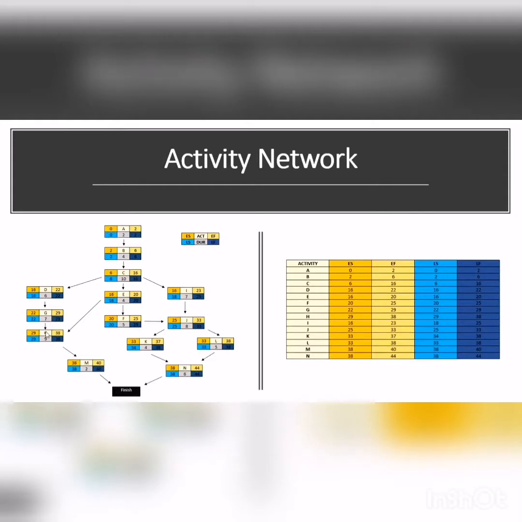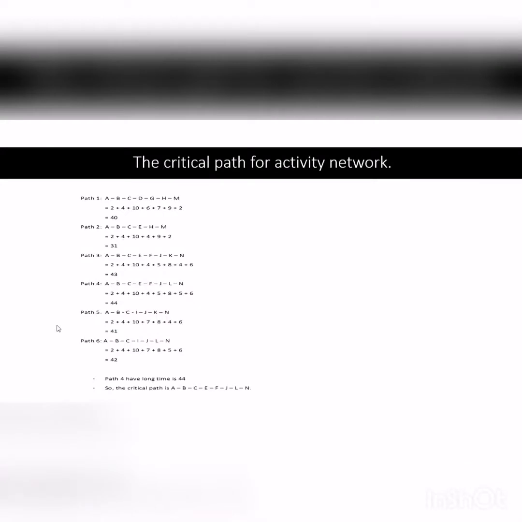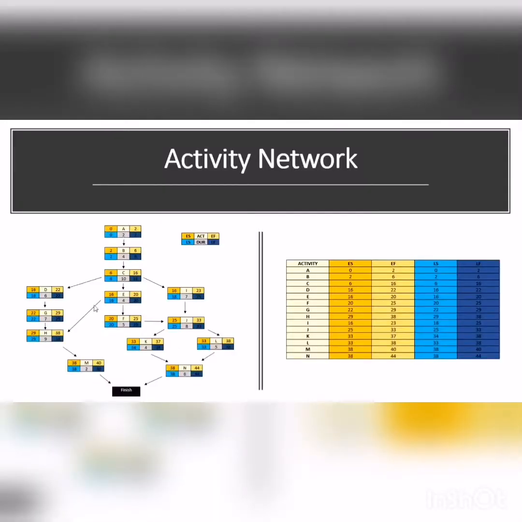Okay, for H, there are two different arrows coming in, which are G and E. In that case, we have to pick the larger early finish.